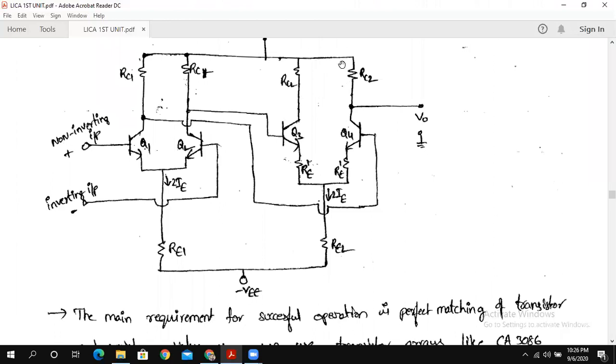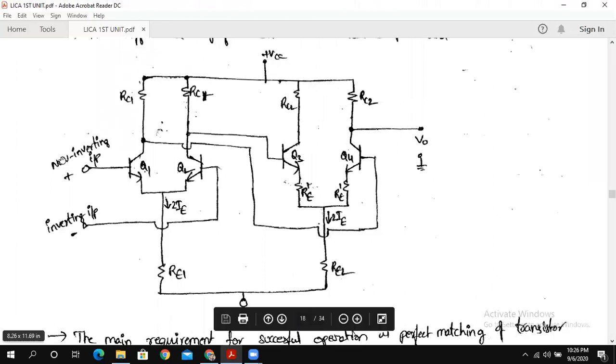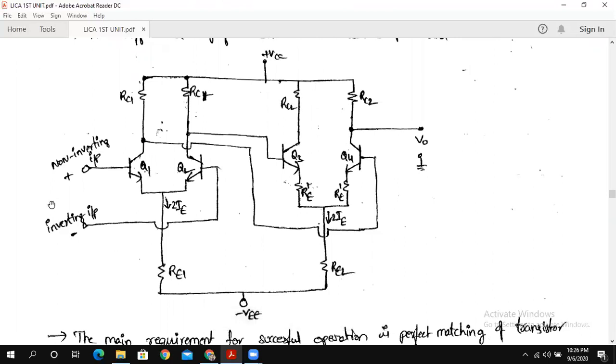From this circuit, you can see which is the balanced output circuit and which is the unbalanced output circuit. As we have studied, dual input balanced output means we give the input to the bases of the two transistors. Here you can see that in the first stage the input is given to the two transistors.